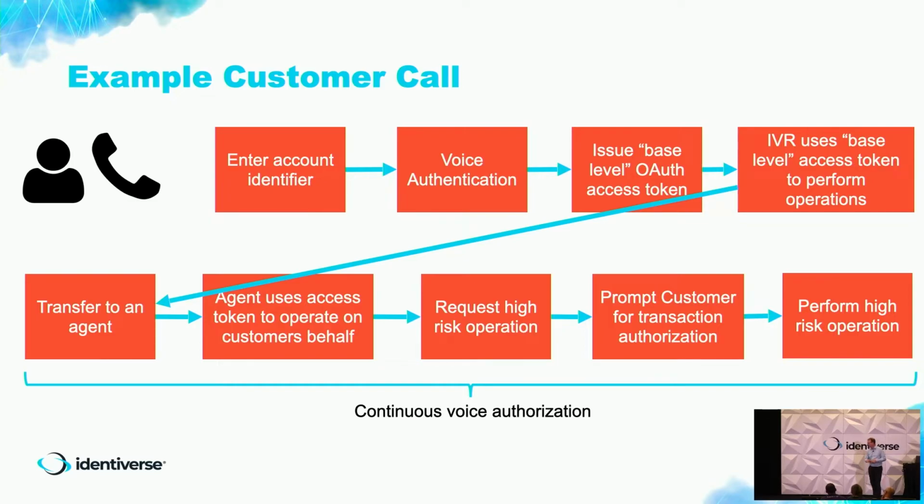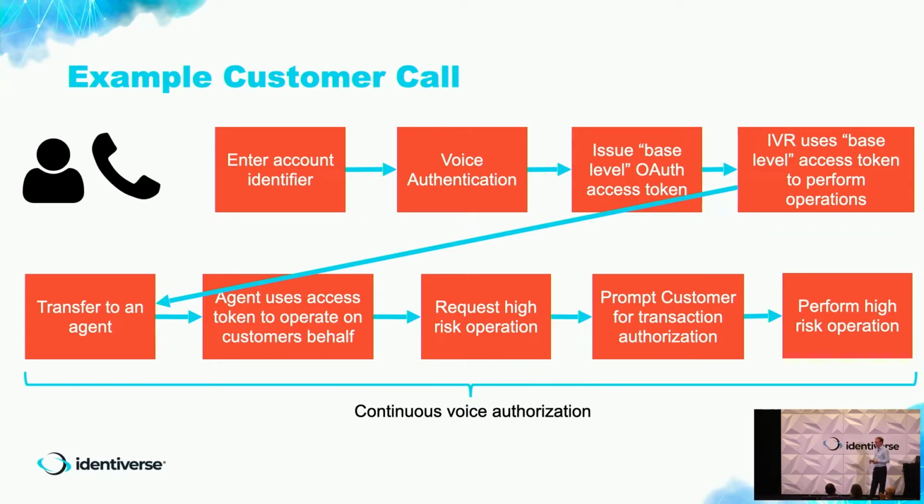The next step: we're going to do a high-risk operation, so we're going to make a payment of £1,000 to Greg, because I'm bribing him for something. So we initiate that high-risk operation. We don't want to ask knowledge-based questions, because those are easy to spoof. So what we want to do is prompt the customer via an out-of-band method to perform that transaction authorization.